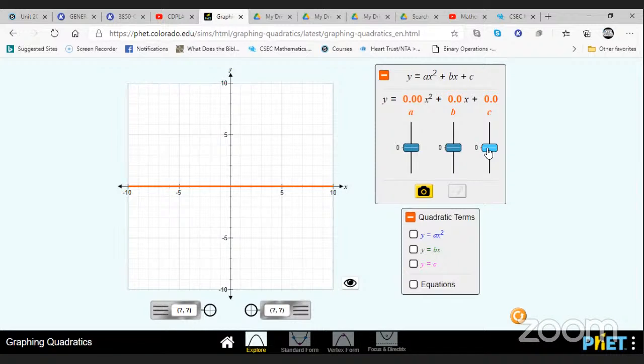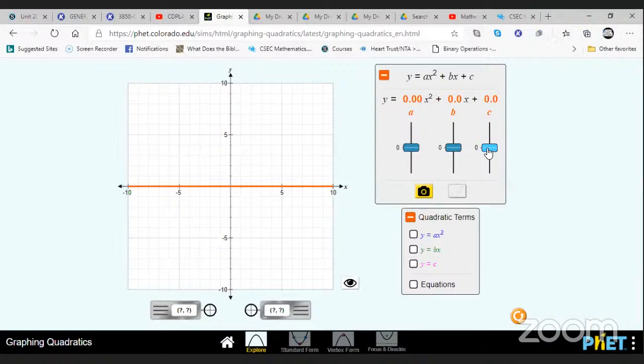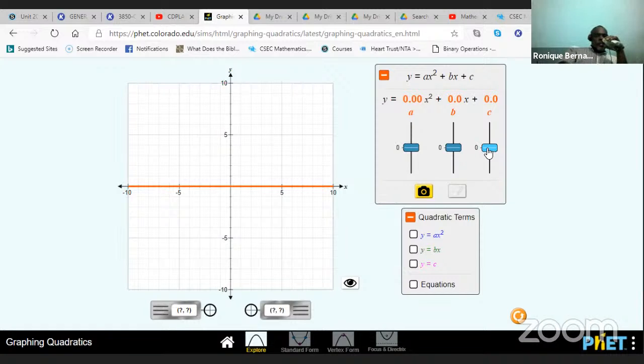Sir, I don't know. Call it what you feel, sir. It would, as I see, go up or down, so it would determine where you want to put the curve. Where you want to put the curve? Okay.